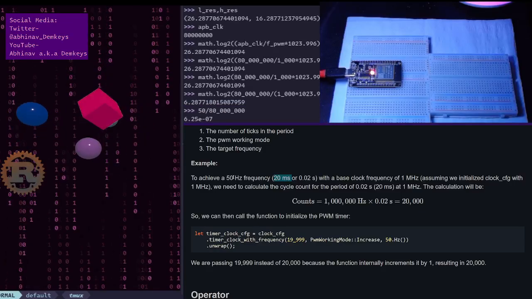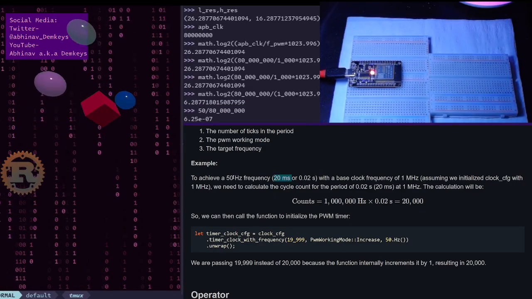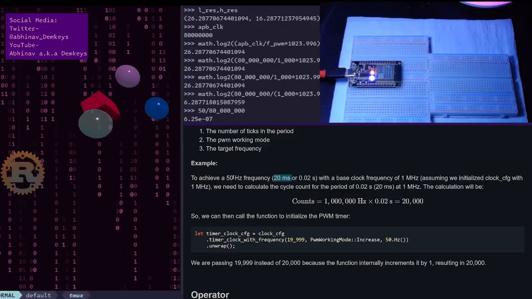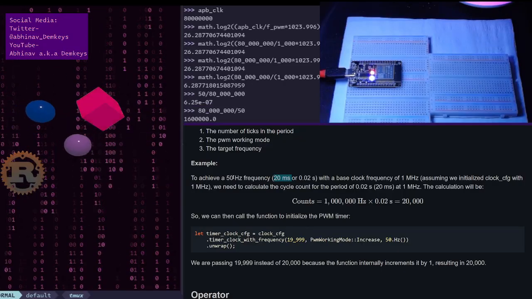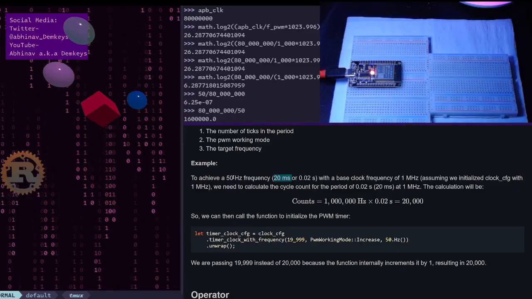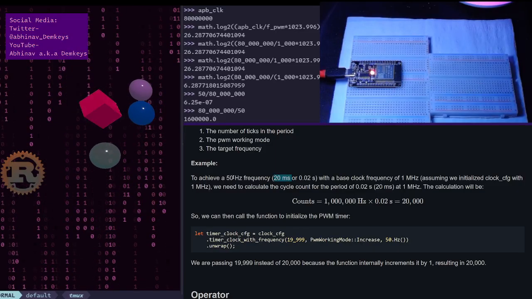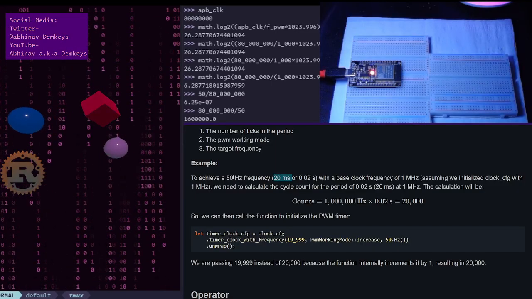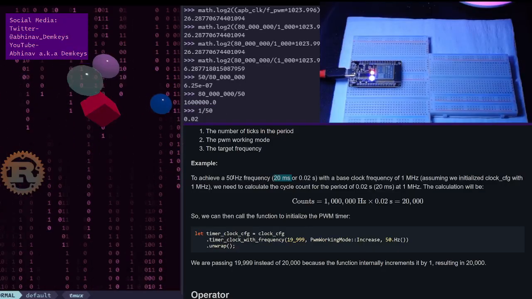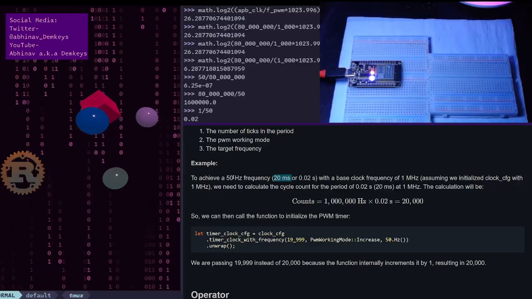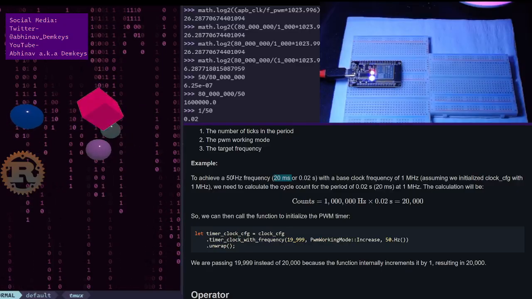Is it the other way around? Nope, that's not it either. There's something that I'm missing here. To achieve a frequency of, oh, wait, that's it. That's what it is. 50 hertz is that much.